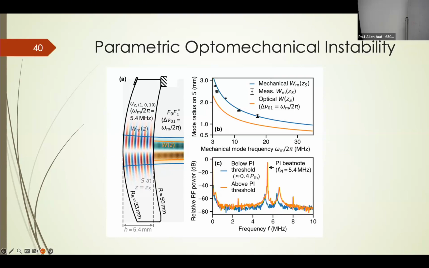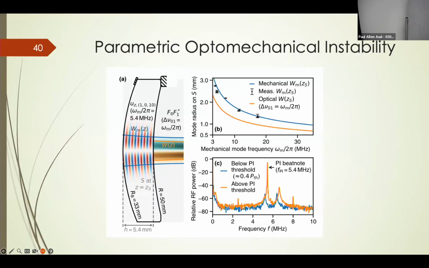And now the 0-1 mode and the 0-0 mode are beating. And this beating modulates the radiation pressure, and you get a self-reinforcing effect if you exceed the threshold laser power for this parametric optical instability. Now, the cool thing about this is there are Gaussian modes in here.